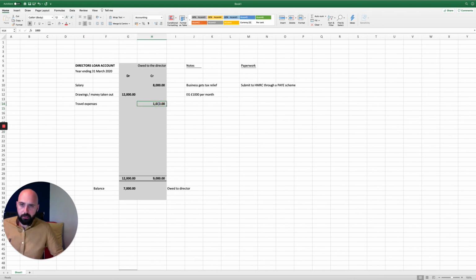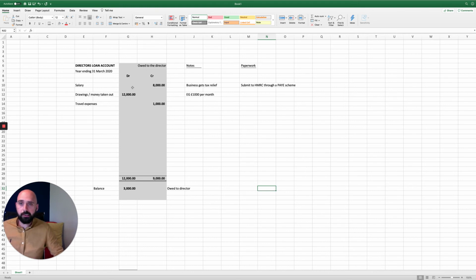So you've got expenses of £1,000. You've got a salary of £8,000. You've taken out £12,000. So the difference is now £3,000. It's exactly the same situation, but the difference here is that rather than saying these are the dividends I want to take out and declare because I know what my profit is, it's being instigated from what you have physically taken out of your bank instead.